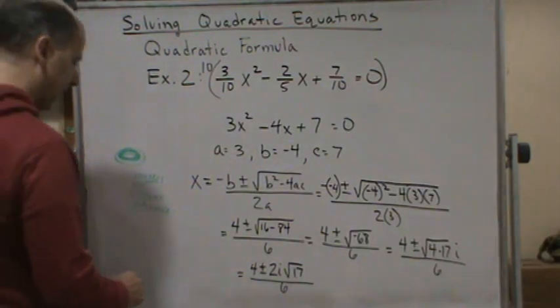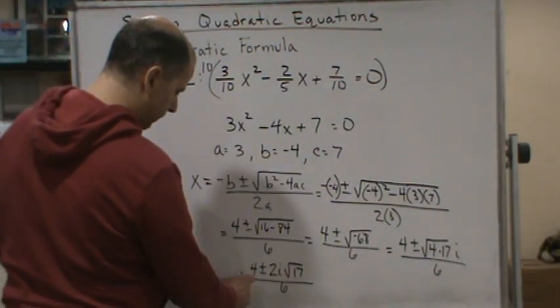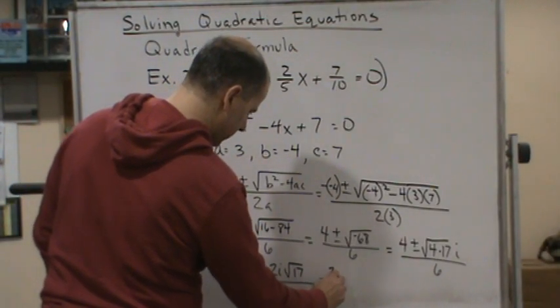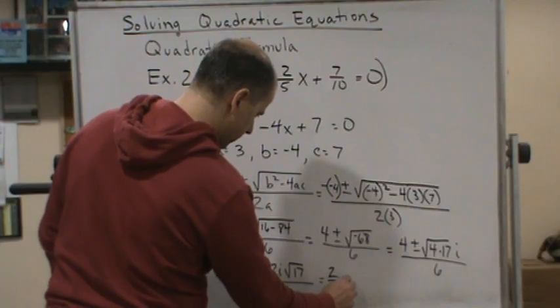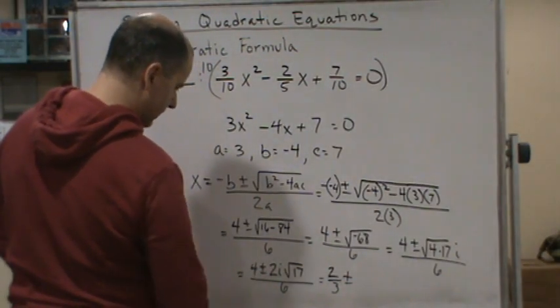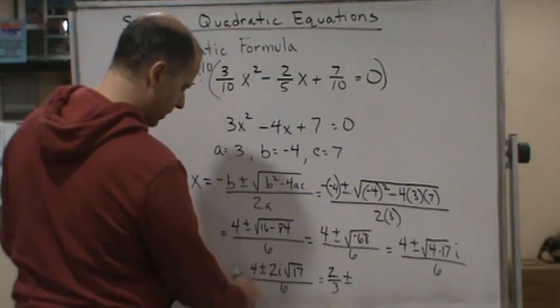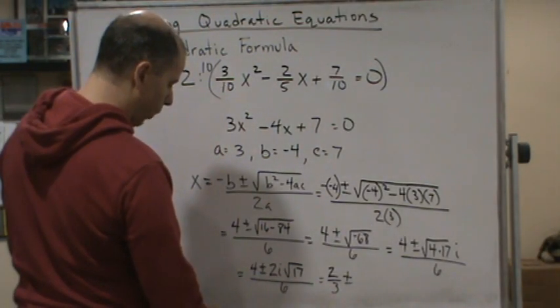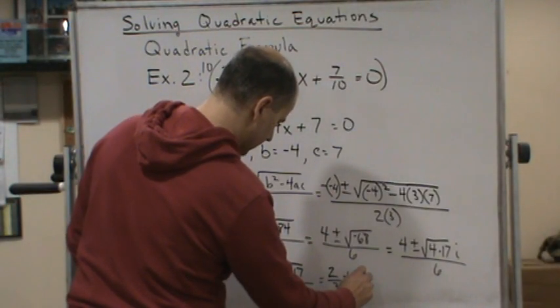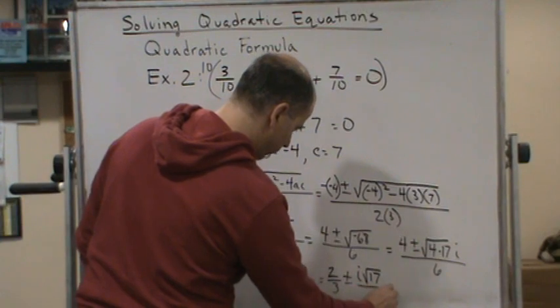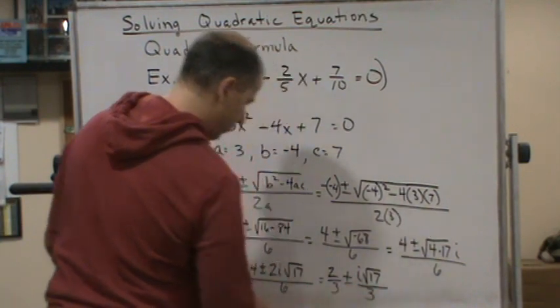And so then our final answer, if we split it up, 4 divided by 6, that's going to give us 2/3. So 2/3 plus or minus, and then the 2 divides into the 6, so that's going to simplify to 1/3, right? So we get i times the root 17 over 3.